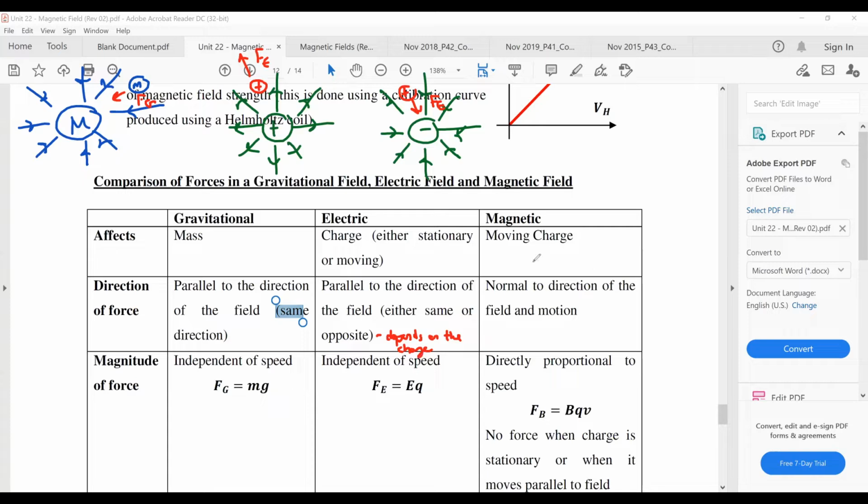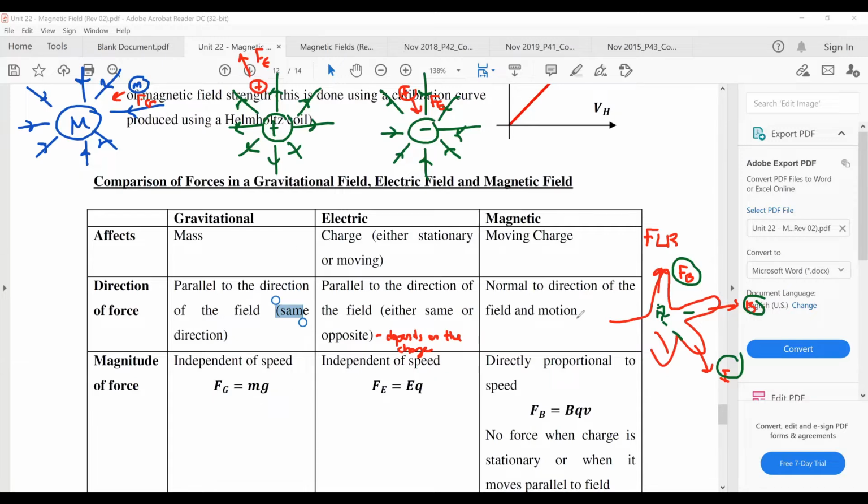Now, for magnetic force acting on a moving charge, the magnetic force will always be normal to the direction of the field and motion because of Fleming's left-hand rule. As mentioned just now, in Fleming's left-hand rule, this one is your FB, this one is your B, and this one is your I. Any one of these will always be perpendicular to the remaining two.